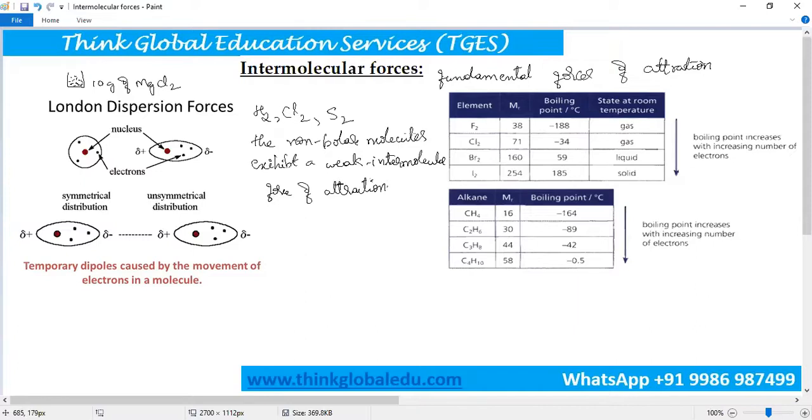This arises when the electrons around the nucleus of an atom occupy positions in such a way that makes the atom form temporary dipoles or instantaneous dipoles in a molecule.